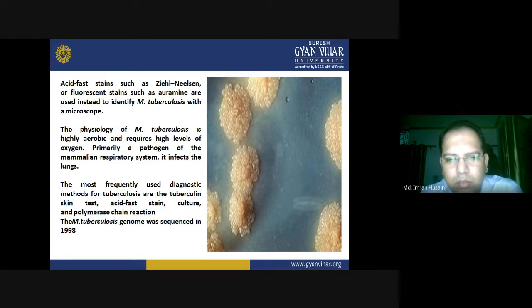The most frequently used methods for diagnostic purposes are the tuberculin skin test, acid fast stain, culture, and PCR. The Mycobacterium tuberculosis genome was sequenced in 1998. So now we completely understand this bacteria, how it behaves, what weaknesses it has, and how we can overcome it.